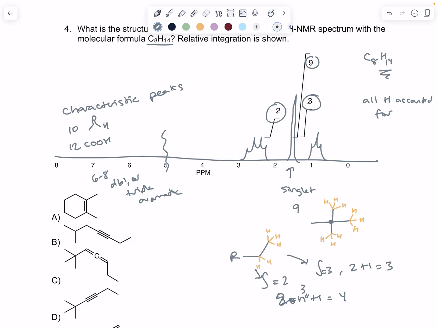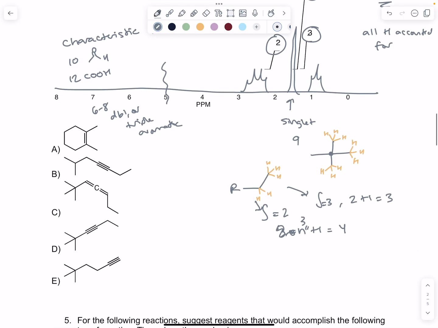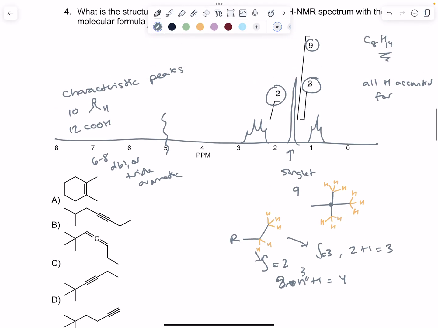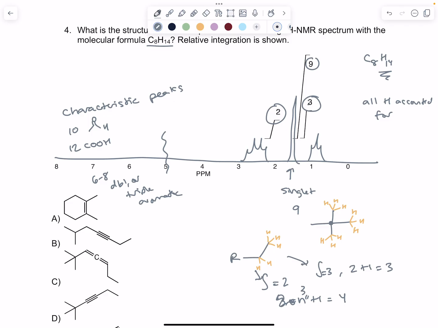So I'm looking for an ethyl, and I'm looking for a tert-butyl group to be present. The other thing I'm thinking is that these aren't near each other, so they aren't impacting each other at all. It could just look like this, where we have the ethyl on one side and the tert-butyl on the other.